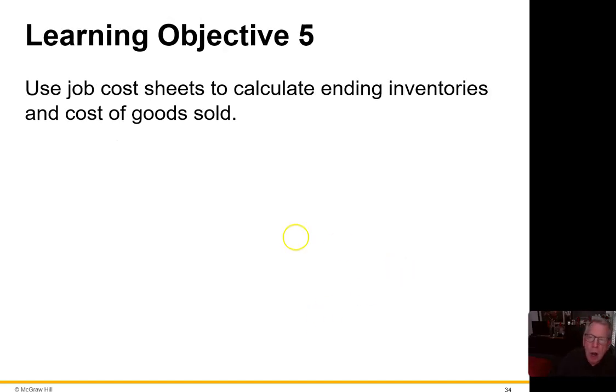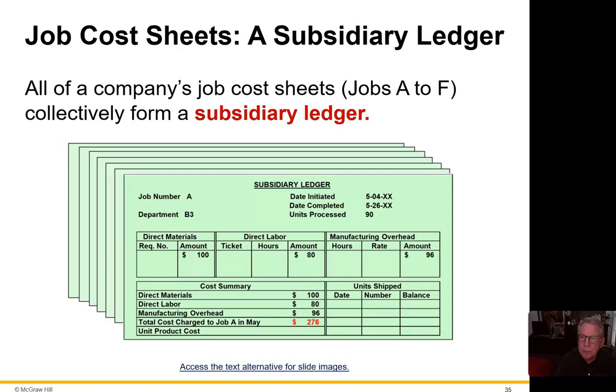So we use a job cost sheet to calculate ending inventories and cost of goods sold. So let's look at that. Here is what we call a subsidiary ledger. It's all of a company's job cost sheets from jobs Alpha to Foxtrot. So here they all are.